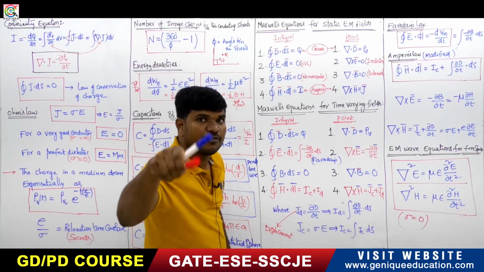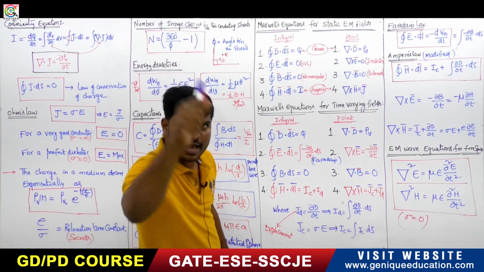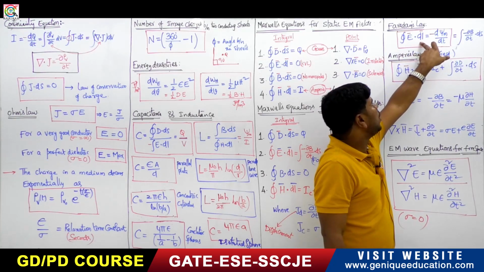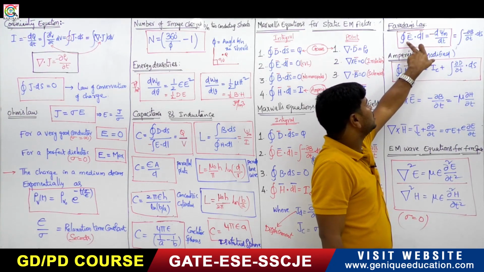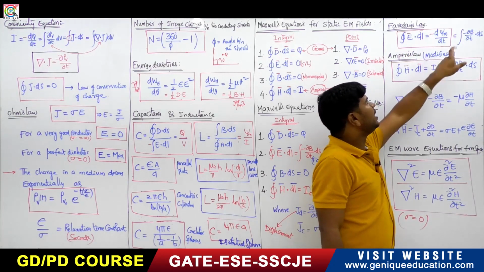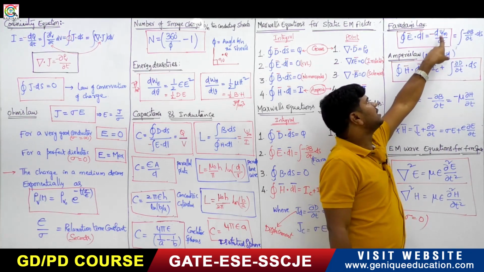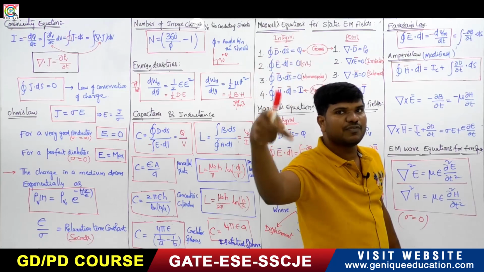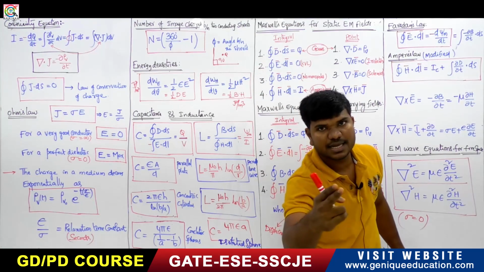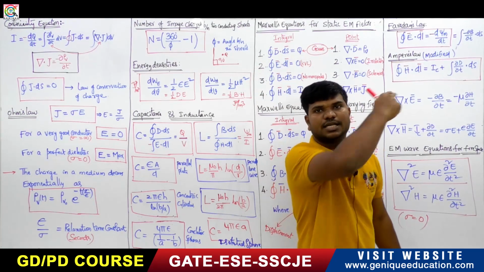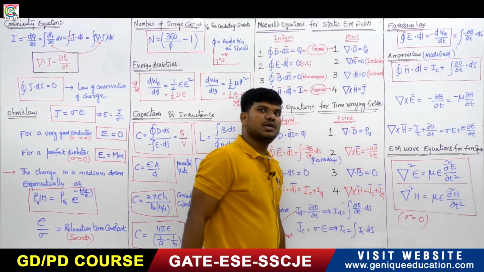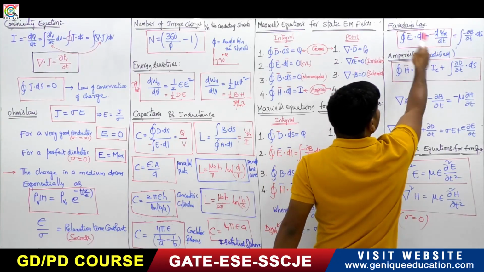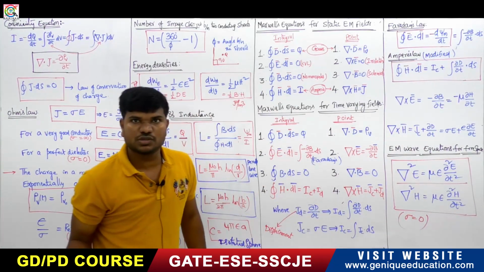It is because of Faraday's law. What is Faraday's law saying? Even in a closed loop, there exists a voltage. EMF is induced if you change the magnetic flux with respect to time. If there is a change in the magnetic flux with respect to time, there exists a voltage. It is given by Faraday's law.